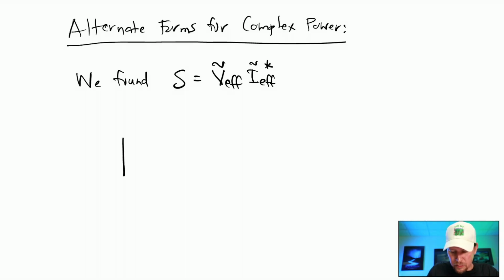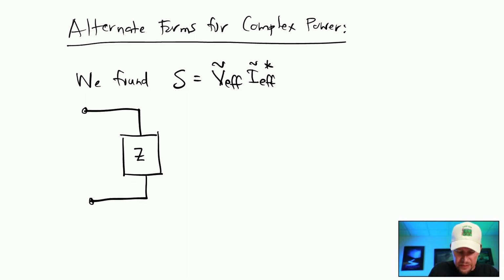So the circuit that we're picturing here is, suppose that we have some impedance here, and we place an RMS voltage across it, then we know that there's going to be an RMS current that flows through it like this. And the relationship between these three variables is kind of like Ohm's law.